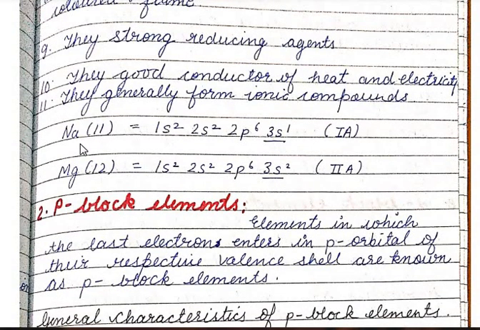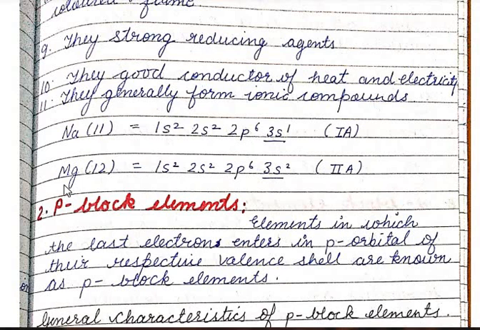For example, sodium, which has atomic number 11 and is an element of the first A group, has electronic configuration 1s2, 2s2, 2p6, 3s1. The valence shell has the 3s1 electronic configuration.